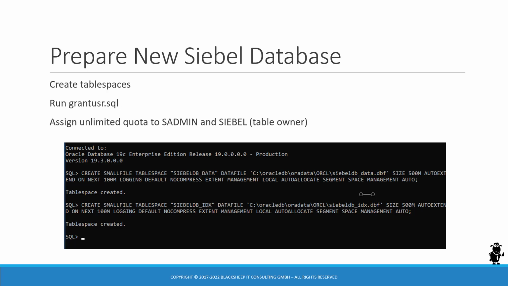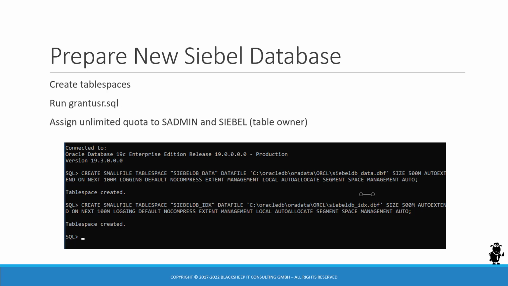So on your database, you need to create table spaces. For Oracle, for example, you need to create a normal data table space, so to speak, and an index table space where the indexes will be kept. So this is according to the Oracle Siebel documentation. Then there is a file called grant user SQL provided in the binary folders.